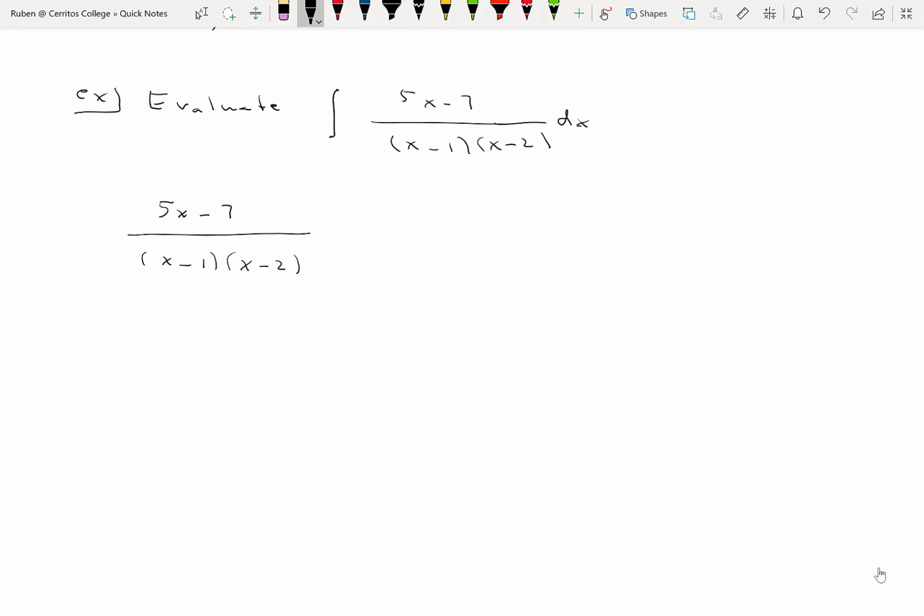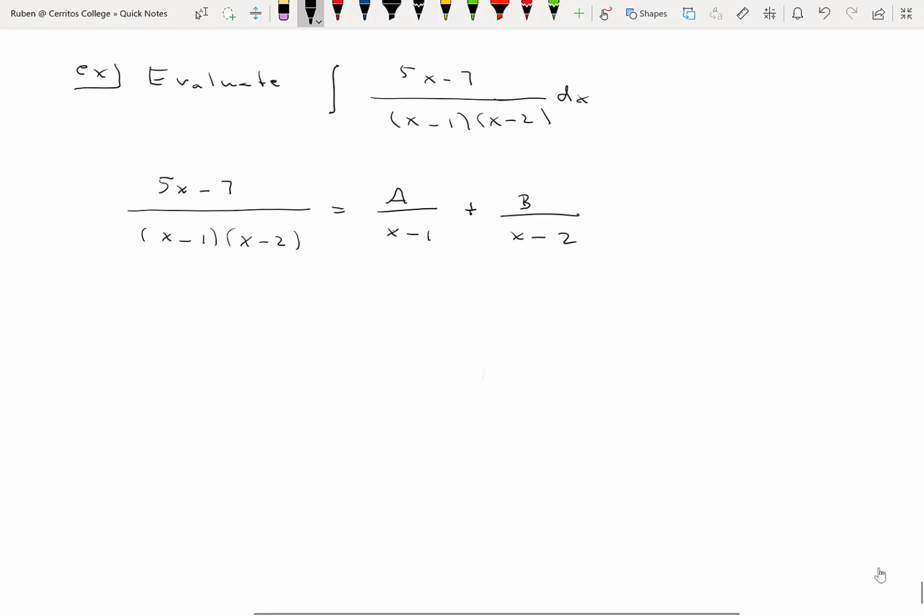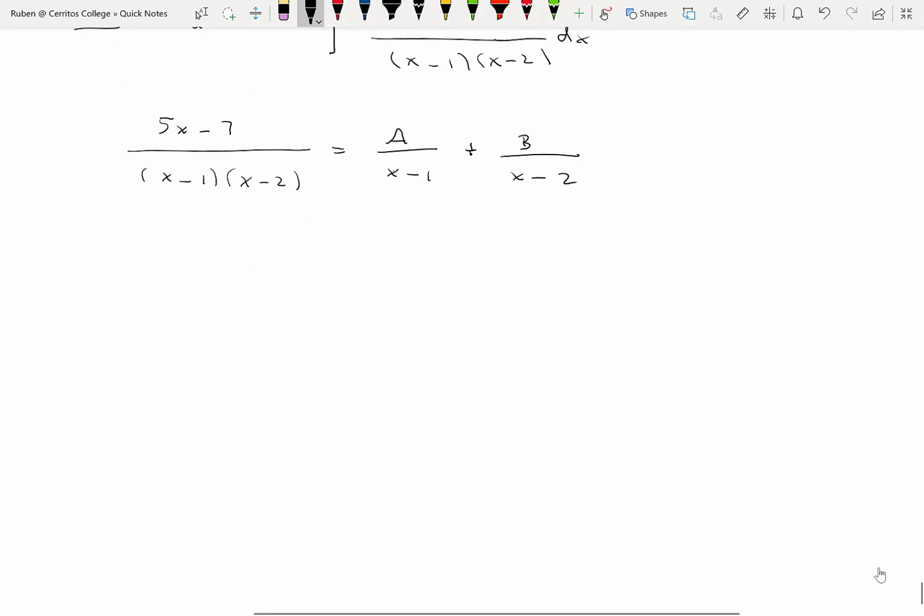So whether we use the way we just did or the way coming up, we still break down the original rational expression into the sum of simpler rational expressions with the individual denominators. A constant a over x minus 1 plus a constant b over x minus 2.